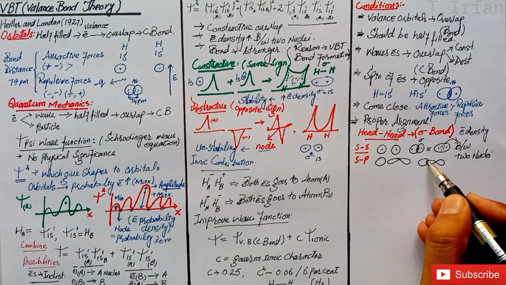And when two p orbitals overlap head to head and form a sigma bond, here the electronic density is also maximum between the two nuclei, and we can represent it in this way.